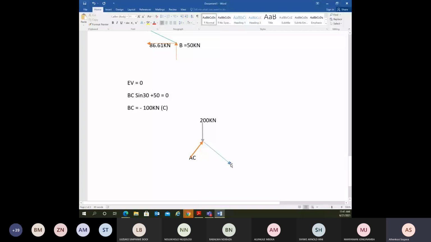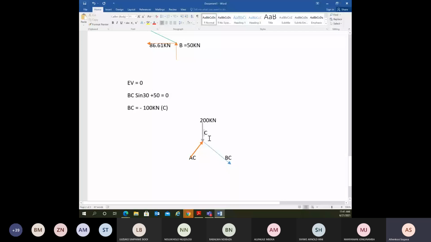And this one, it's point C here. We're looking at point C. Now you can resolve using this point, not only, but the easy one is point B.